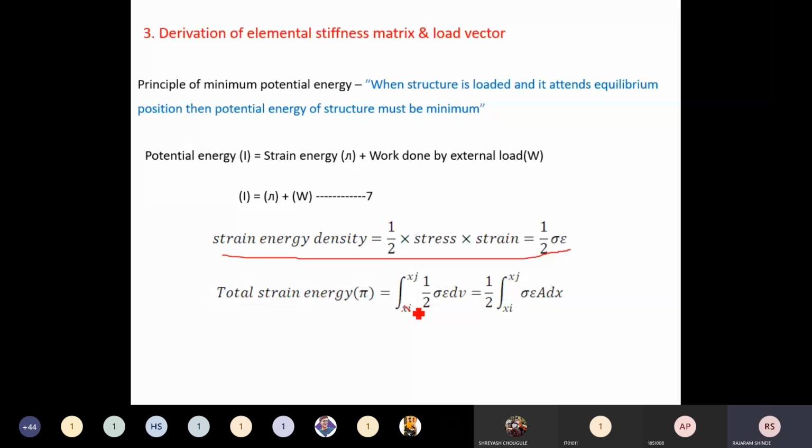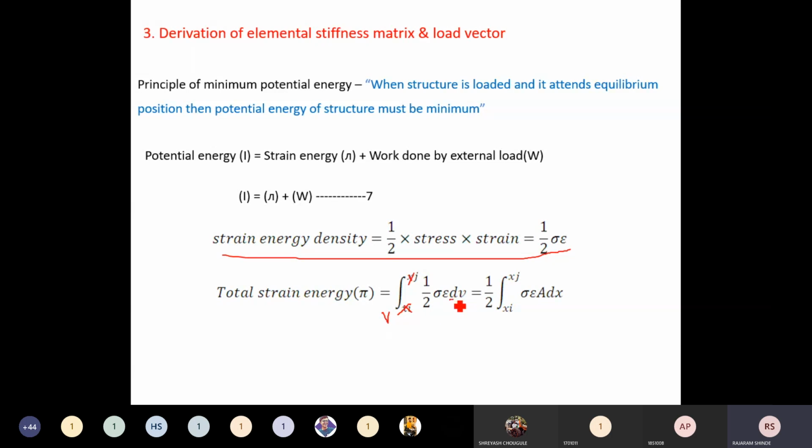So here these terms are wrong. Actually it is over the volume. Now, this is the integration of stress into strain over the volume. Now, in our problem, we have taken constant area. We have not taken variable area. We have taken the constant area.